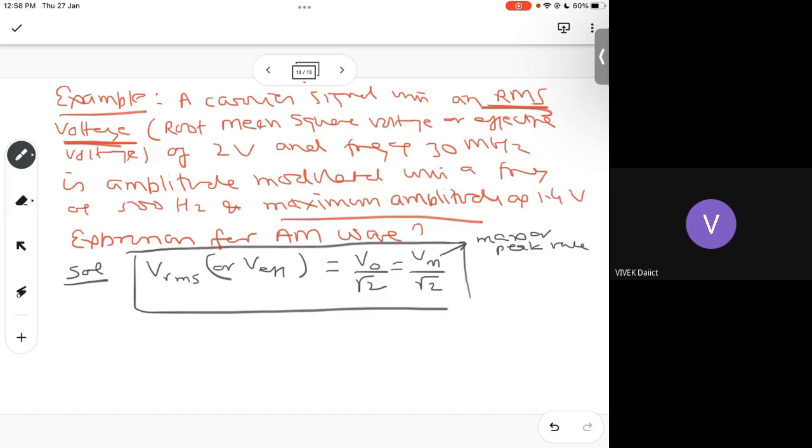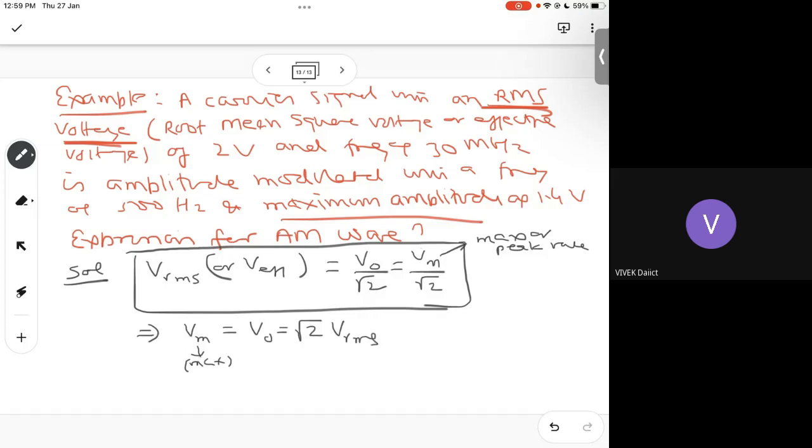Because in the lab we normally measure the RMS voltage, but finally in the expression you have to use the maximum or the peak voltage, which means your Vm, maximum, here it means maximum, okay, is equal to V naught is equal to under root 2 VRMS.